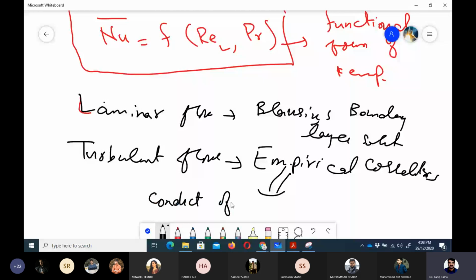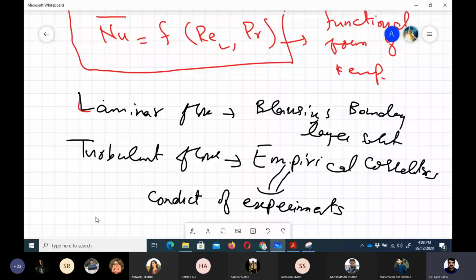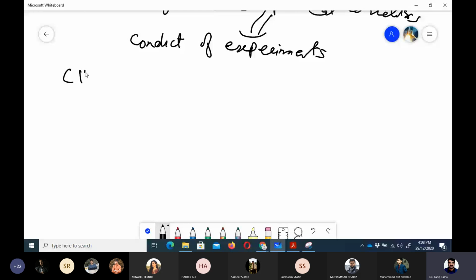So scientists have conducted those experiments and given us the Nusselt number correlations for different kinds of flows. So what kind of flows are we talking about here? In chapter number 7 we would have external flows, and in chapter number 8 we have internal flows.